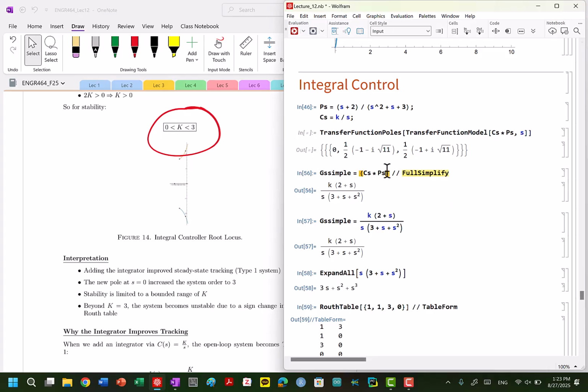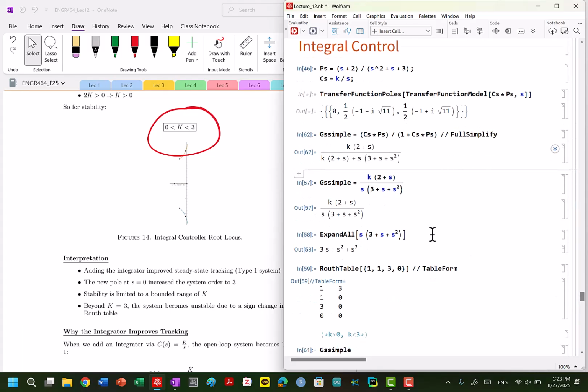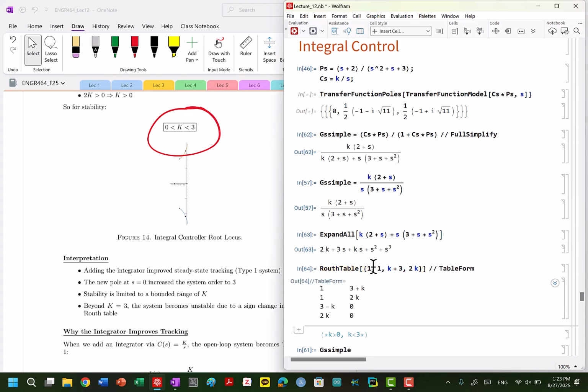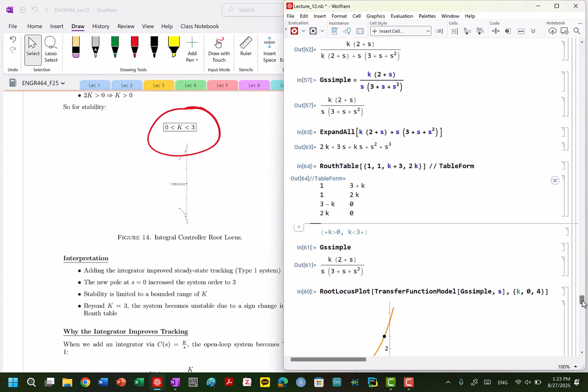So if you have 1 over 1 plus CS times PS, now we're looking more complicated, and we can expand out here. And then we can get 1, 1, K plus 3, 2K. And there we go.